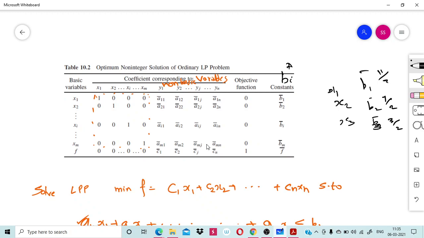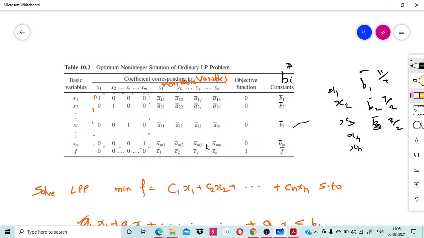But our x1, x2, x3, x4, etc., xn must be all integers. That is what our linear integer programming problem requires. So this is not acceptable: 11 by 2, 7 by 2, 3 by 2, right.